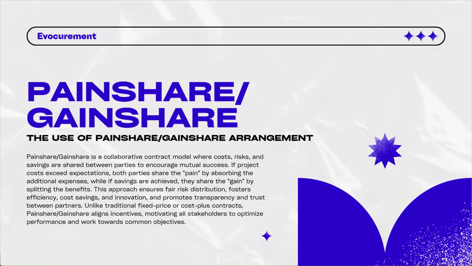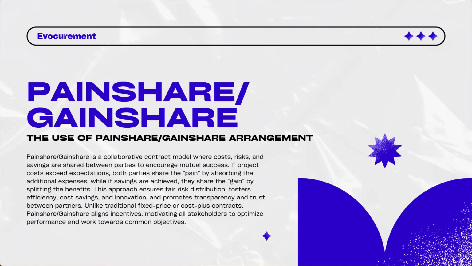This is the collaborative contract where cost, risk, and saving are shared. And we can share the difference if the contract is performed beyond the cost level or under the cost level. If the supplier charges beyond the cost level, then all the pain will be distributed between the buyer and the supplier.